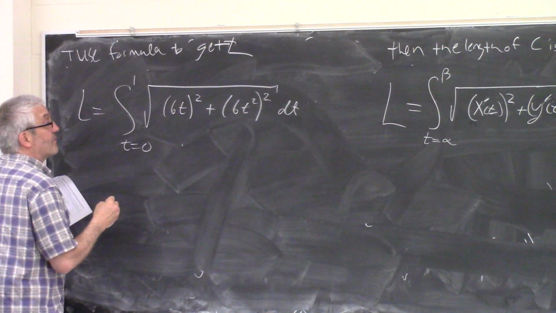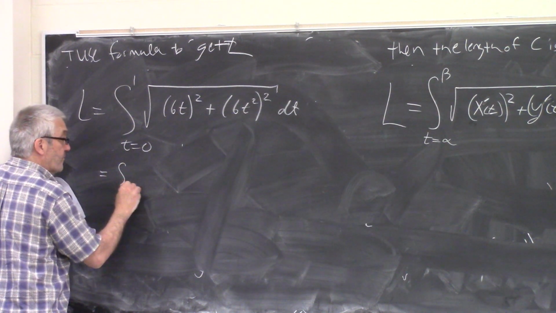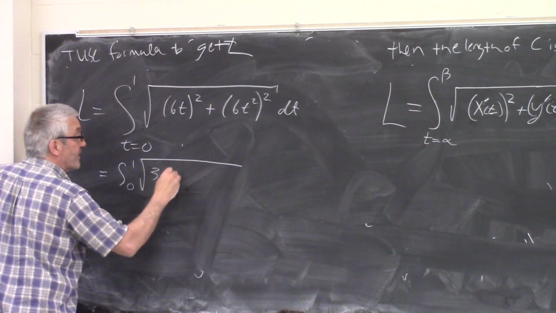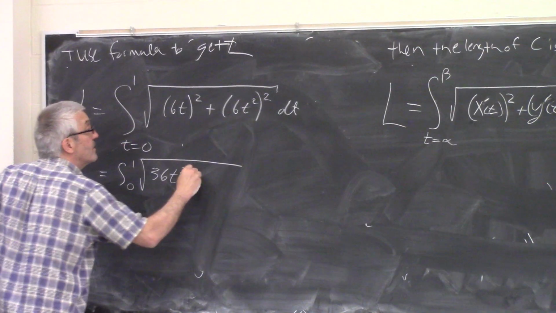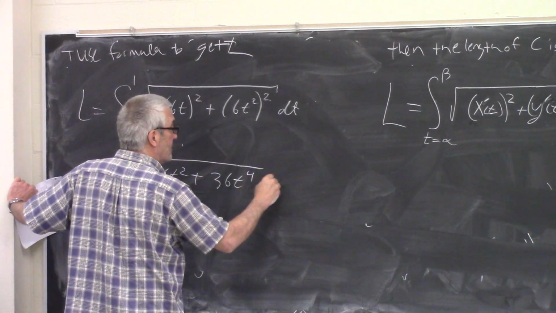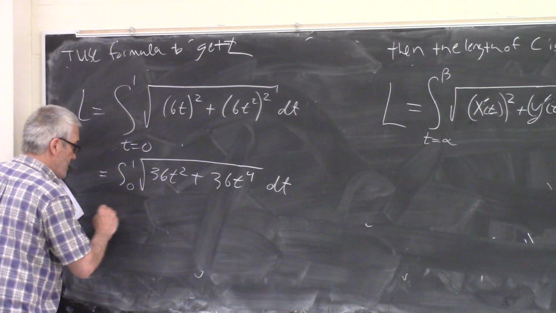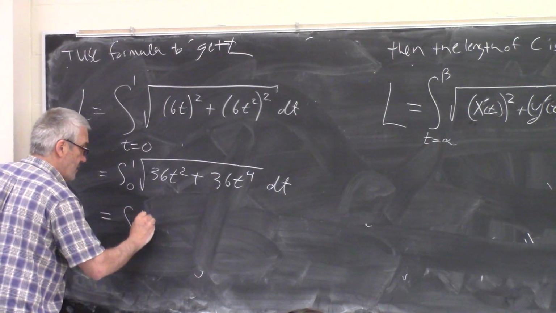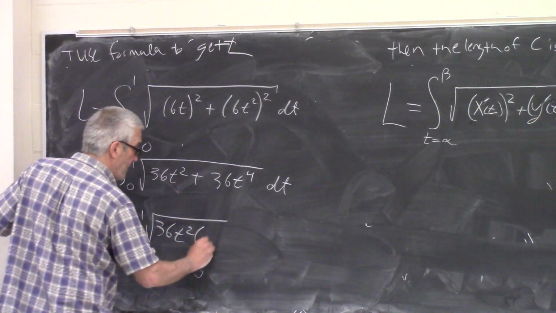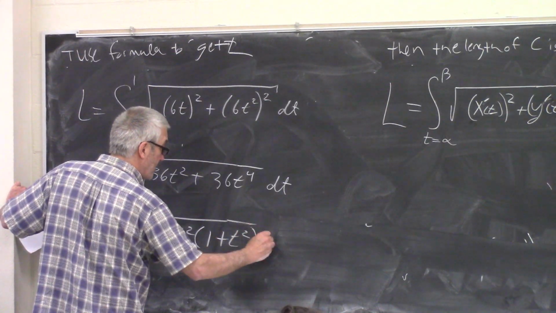So let's get to work cleaning this up. This is the integral from 0 to 1 of the square root of, this is going to be 36t squared plus 36t to the 4th dt. Let's factor out a 36t squared. So then I have 1 plus t squared dt.